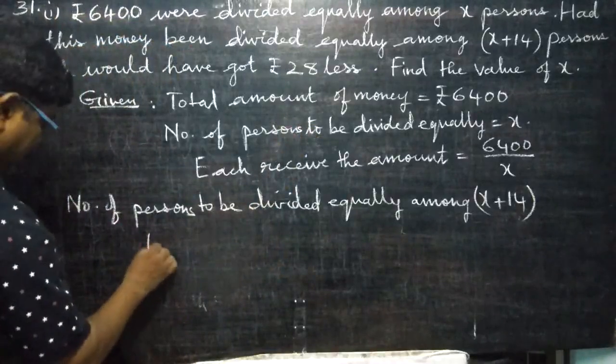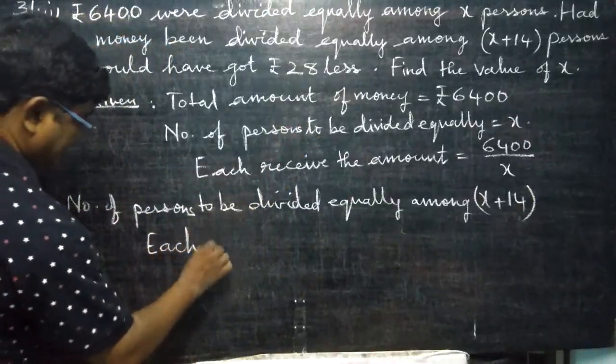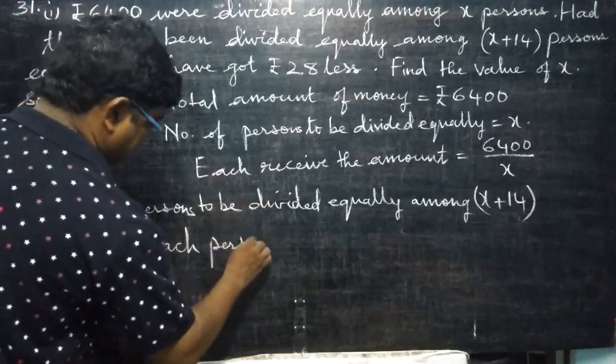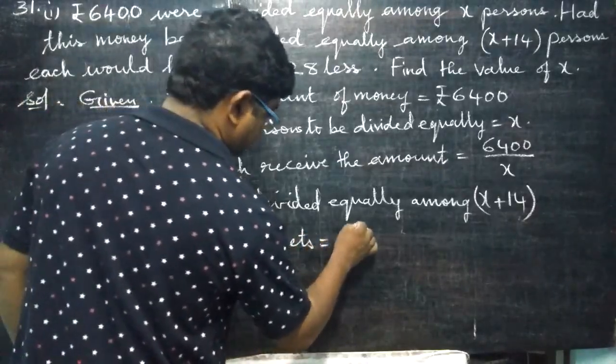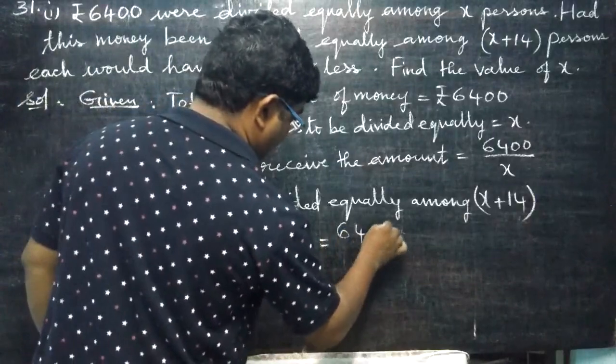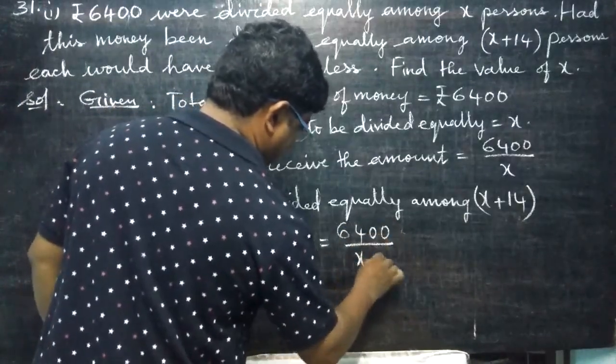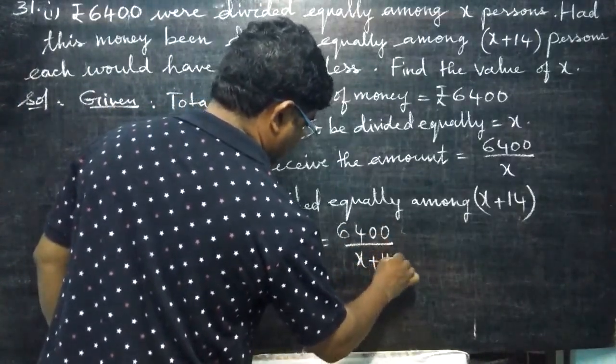Now each person gets again 6,400 by x plus 14.